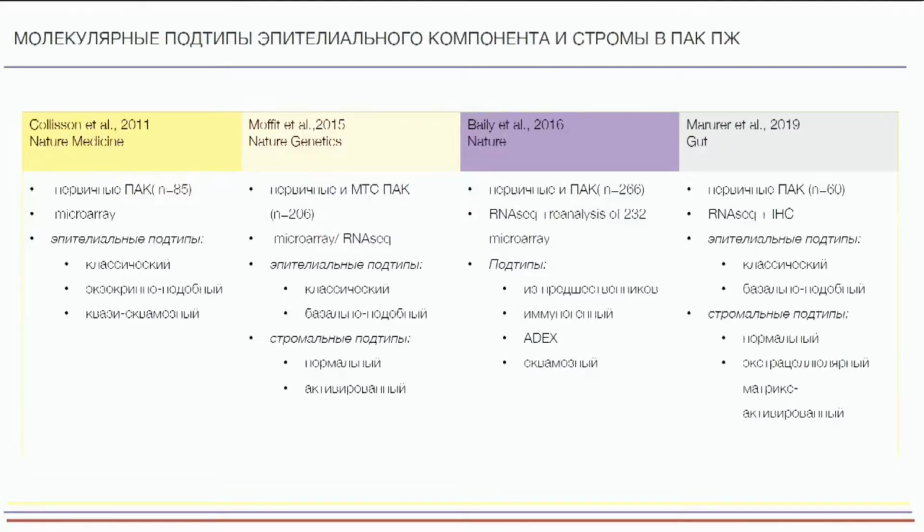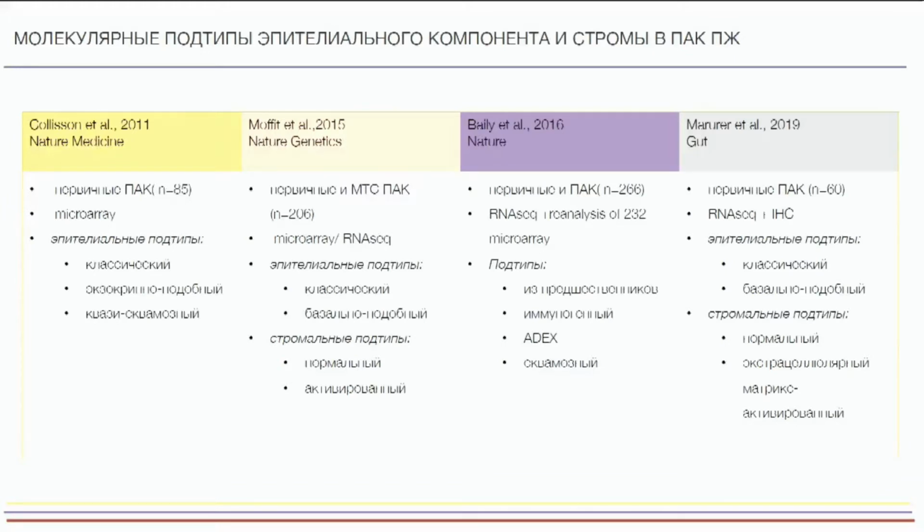In Nature, in 2016, they studied 266 ductal adenocarcinomas and found subtypes. I have already spoken about the subtypes from predecessors: immunogenic, ADEX, and squamous.